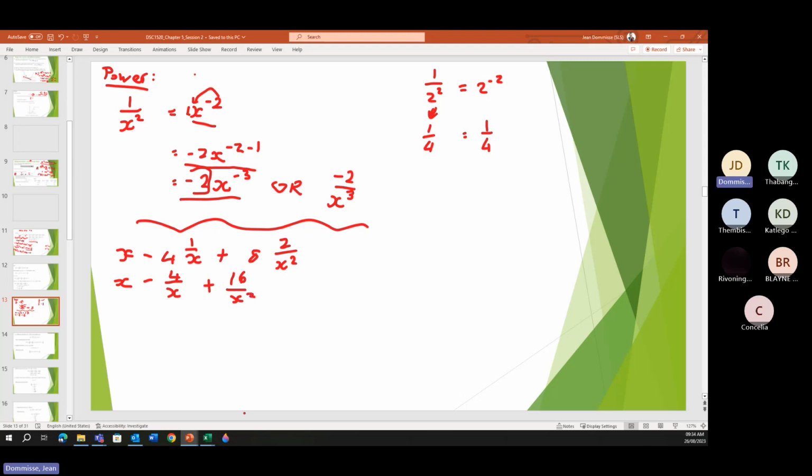Okay, so that still is not in the way that I want it, so I need to change it one more time to put it in that format. So I do that, so we'll get x.